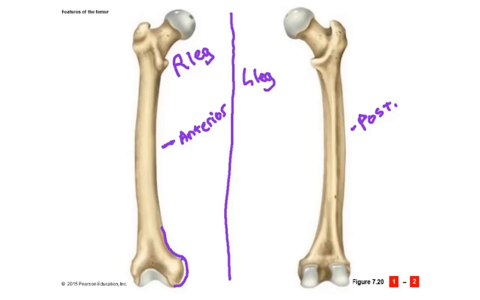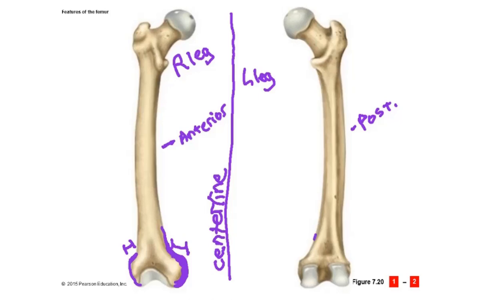This would be the center line of the body. The side of the femur in the direction of the center line pokes out a lot more than the other side, the lateral side. This pokes out a much shorter distance than this.